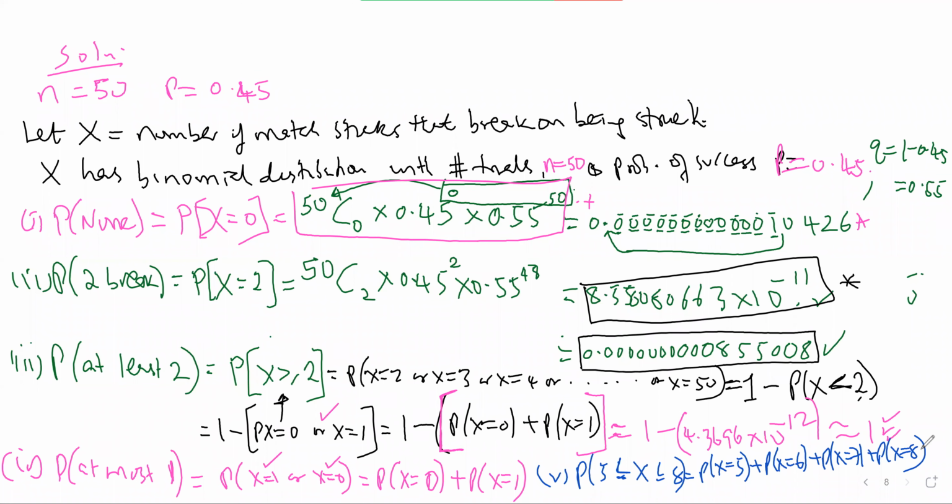So in conclusion, before you conclude, let's say this: the mean and standard deviation of a binomial random variable.